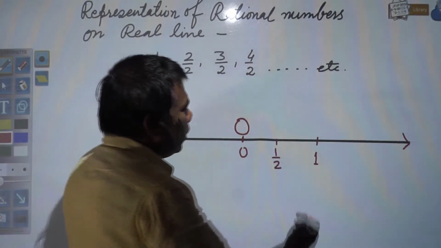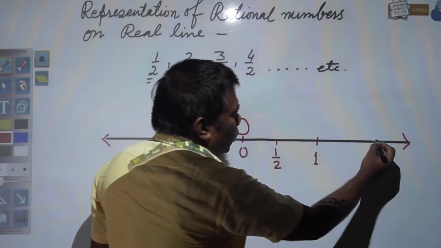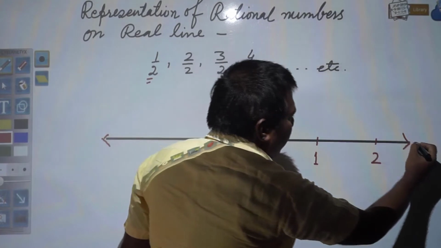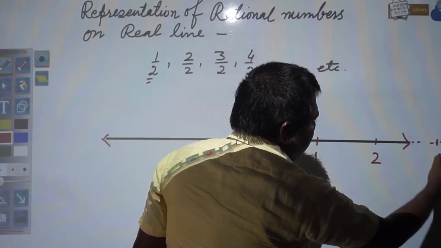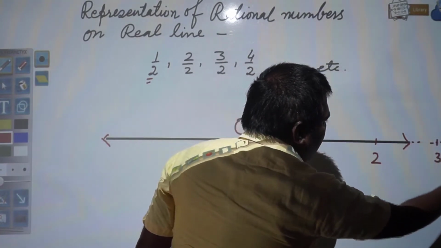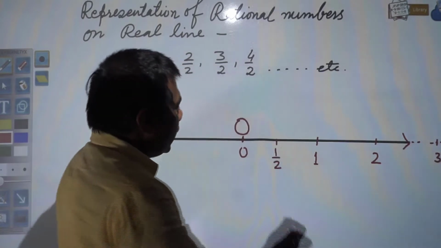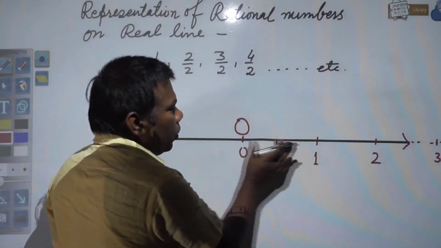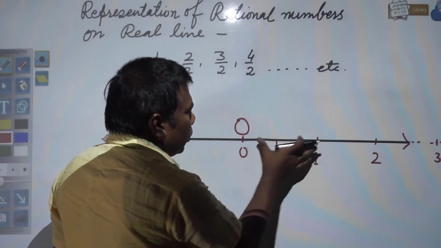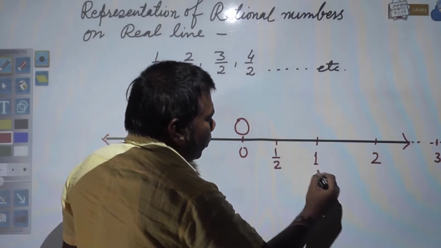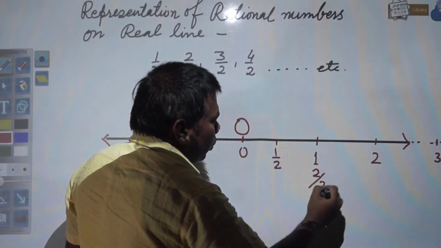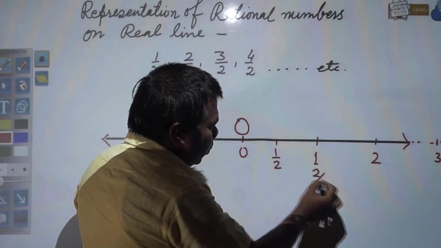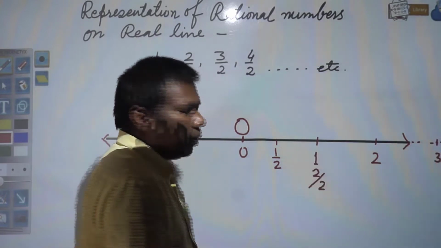And again, suppose this is 1, this would be 2, and in the same way, this would be 3 and so on. Now you see, this distance is 1 by 2. Together this will be 2 by 2, and if you cancel this, 2 ones are 2 and 2 ones are 2, you will get 1.